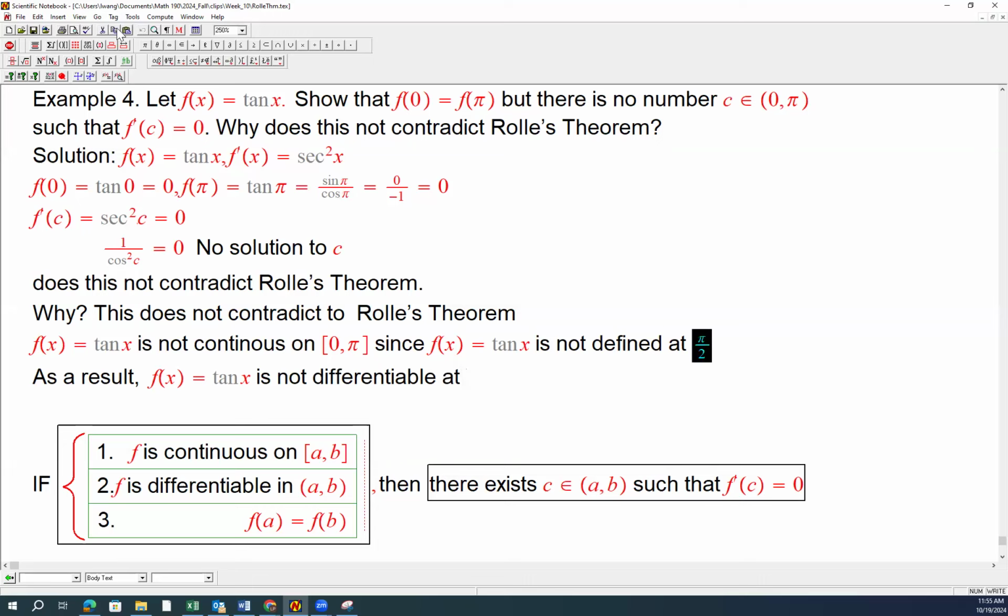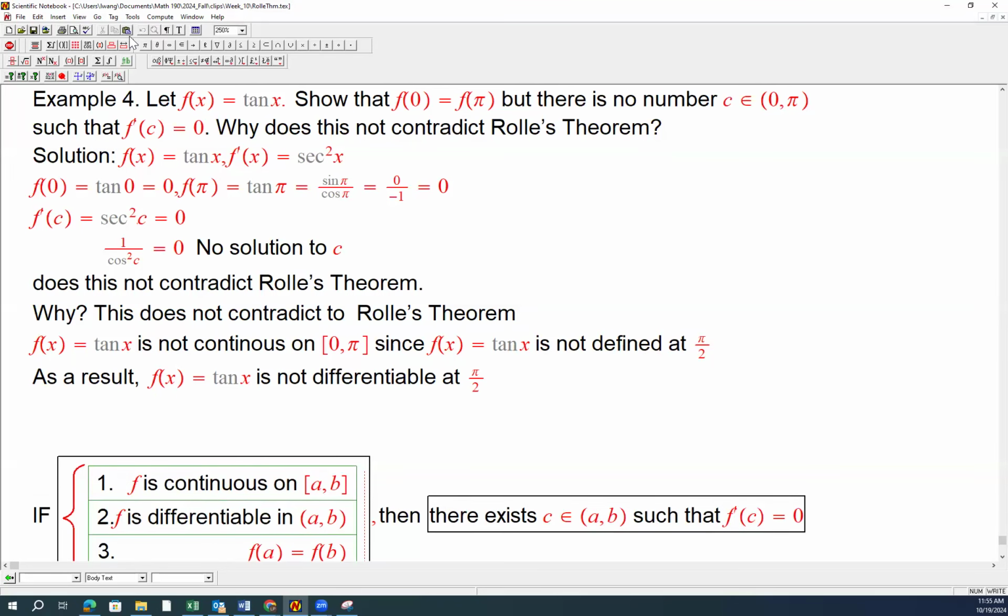So with all that logical relationship we talked about before, if it is not differentiable at a point in the interval, then it is not differentiable in the interval 0 to pi, because to be differentiable on an interval, the function has to be differentiable at every point in the interval.